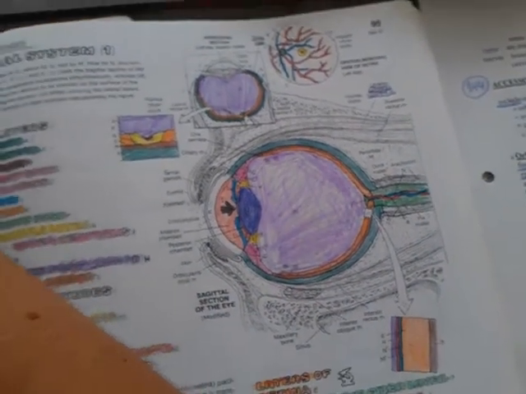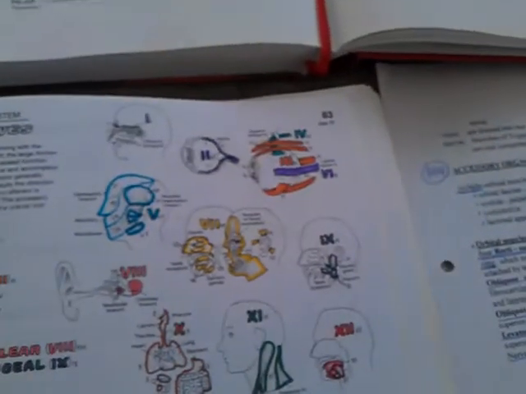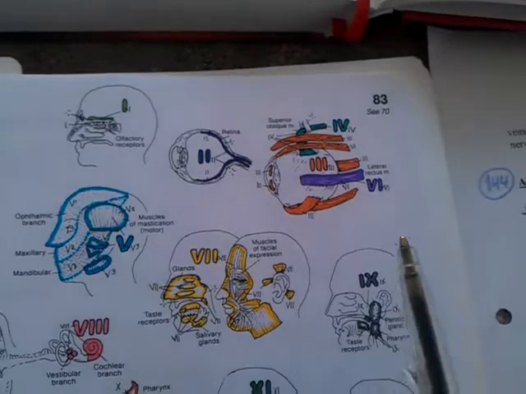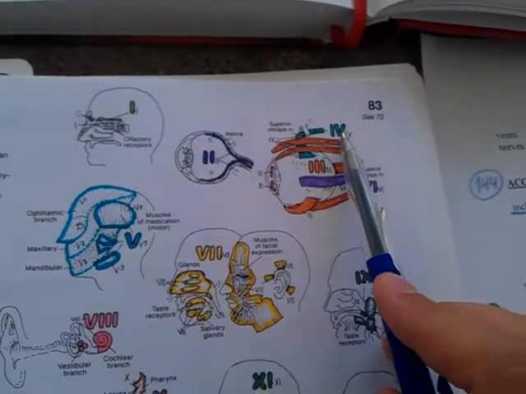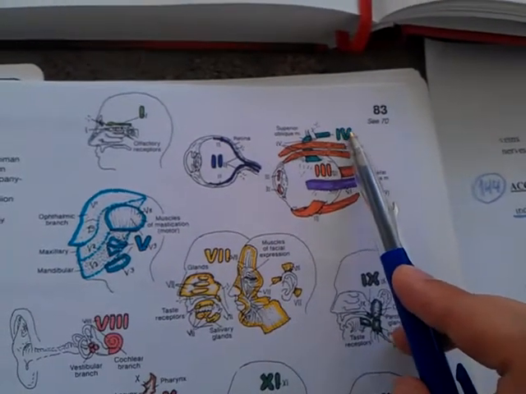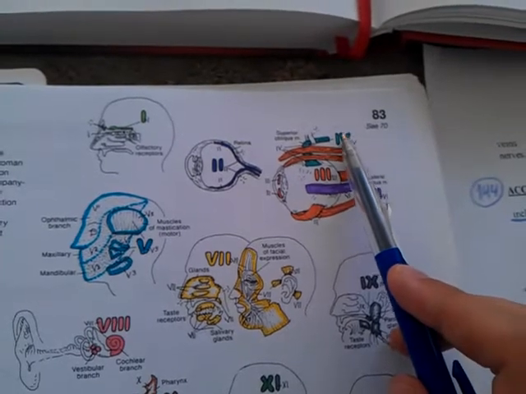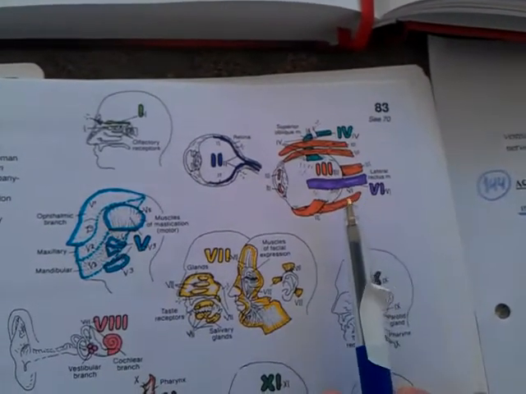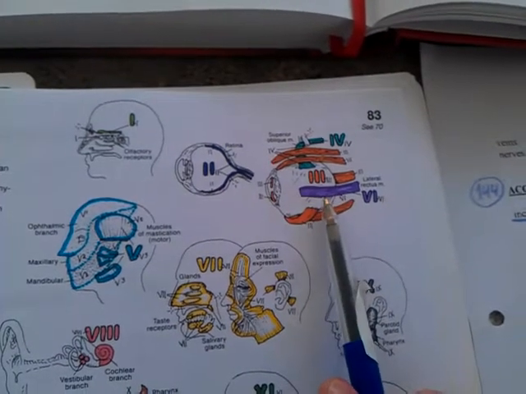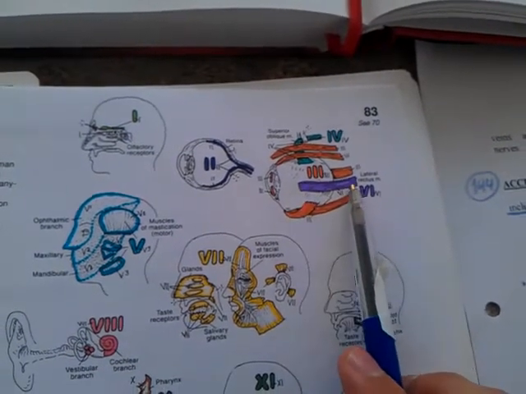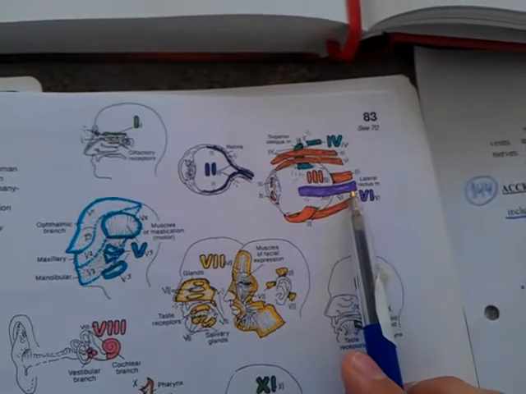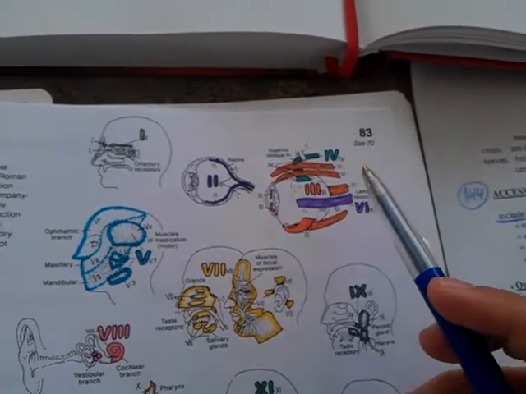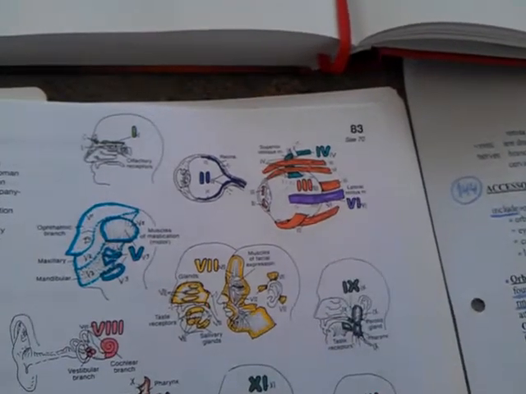The nerve supply of the muscles is by the fourth trochlear nerve, which is for the superior oblique muscle, the rectus lateralis by the 6th abducens cranial nerve, and the others by the oculomotor nerve.